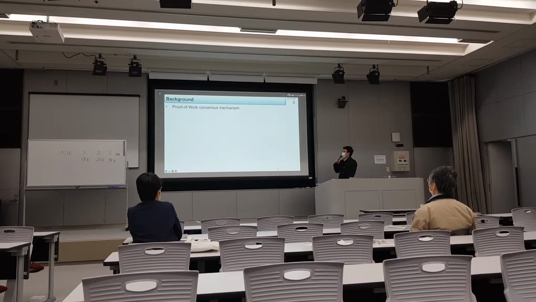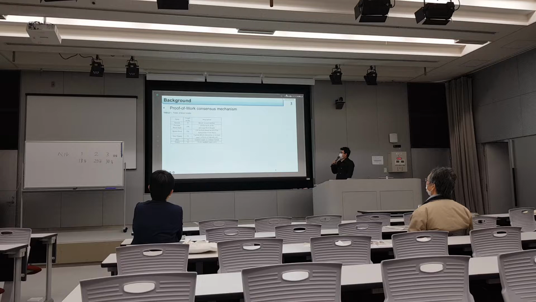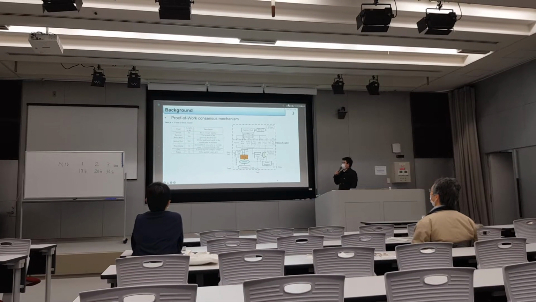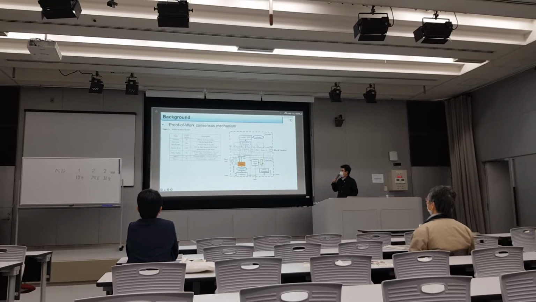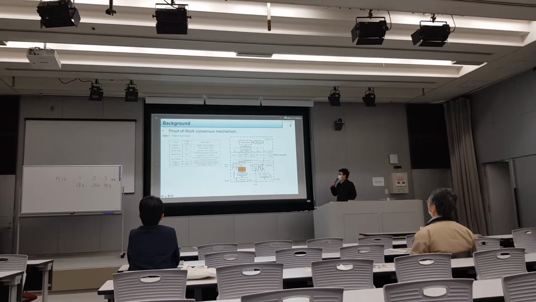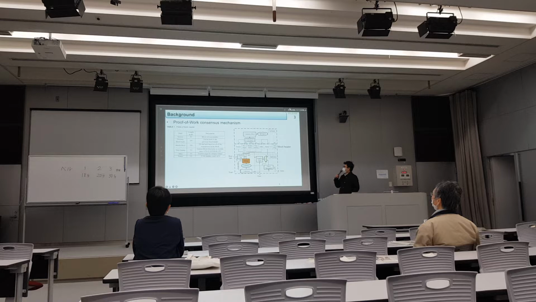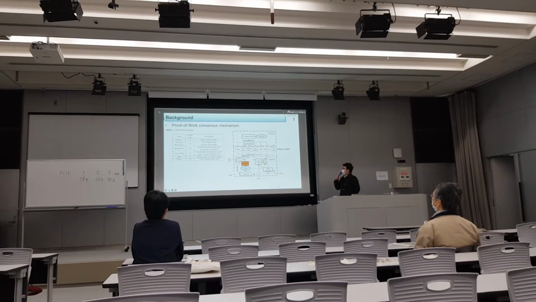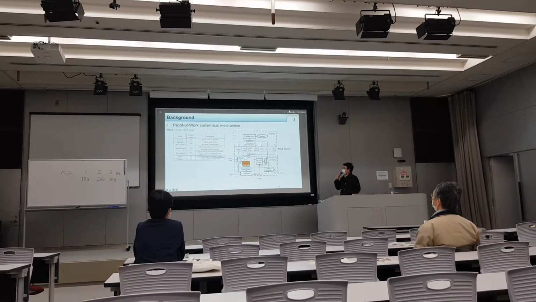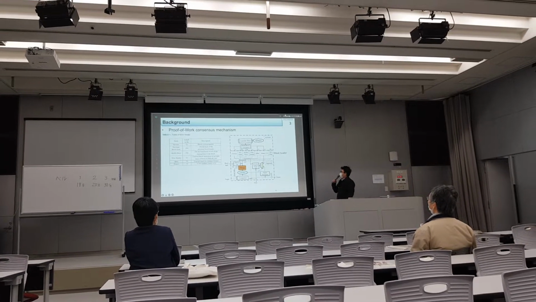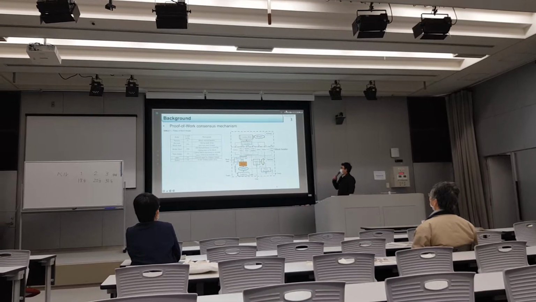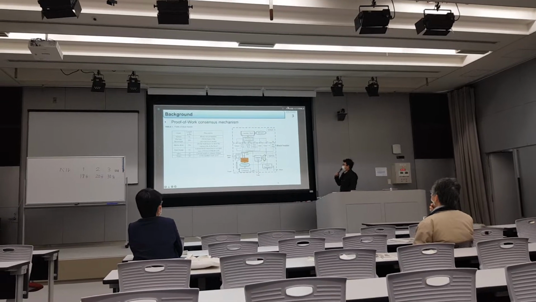About the proof of work consensus mechanism, the table on the left side shows the block header structure, which includes 6 fields. It is the input for the mining process. When miners begin their mining process, they take some spending transactions in the mempool and make the candidate block.